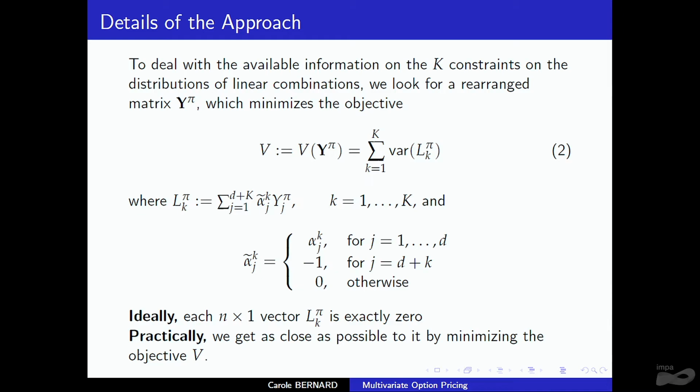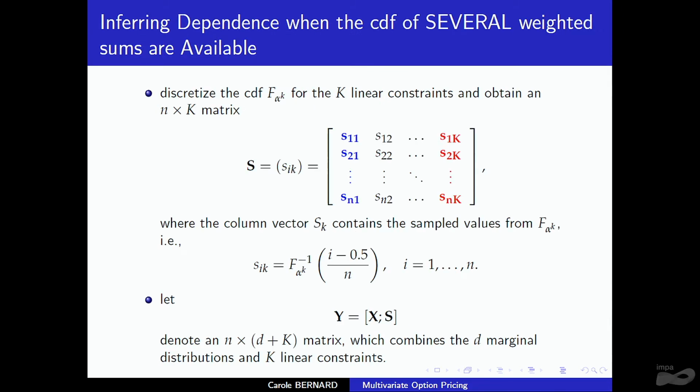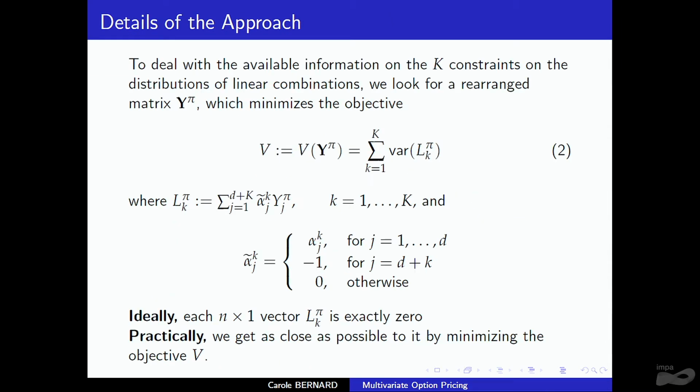And then you can reformulate the problem by looking at this big matrix, saying that each constraint can be seen as a weighted sum of the d first columns minus one of the constraints. So this L cap pi corresponds to each of the constraints. And if you find that this V is equal to 0, you satisfy exactly that all S1, S2, and Sk have the correct distribution.